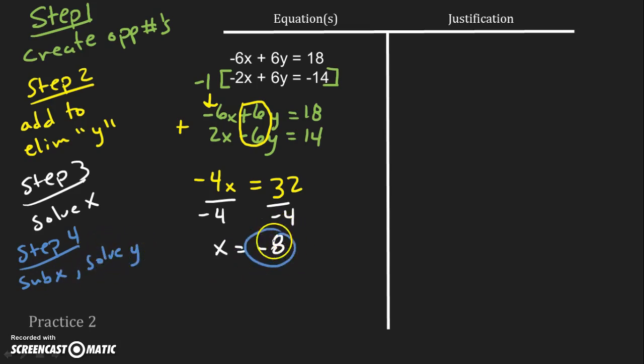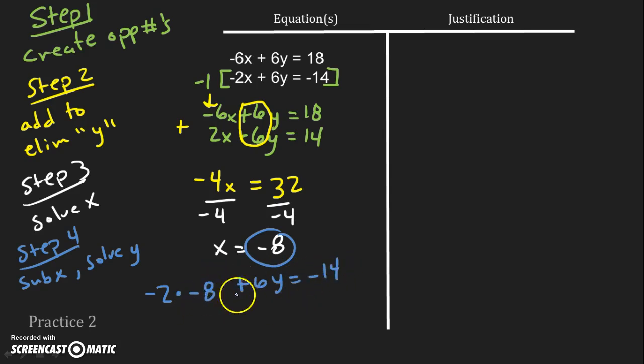So -8 can be replaced in x for either one of these equations. I'm going to use the equation from before we multiplied. So -2 times -8 plus 6y equals -14.